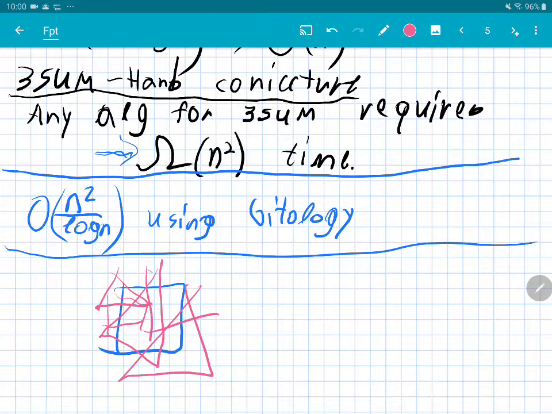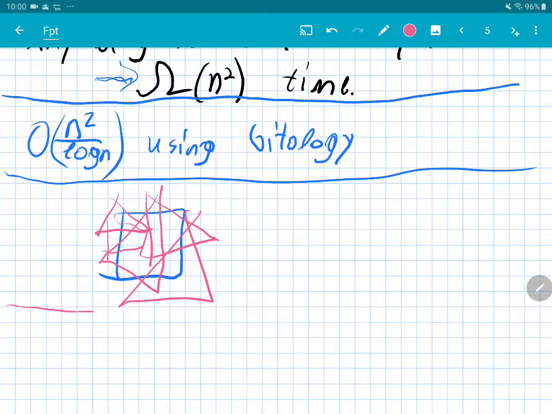Are they covering the square? So this is a natural question, and this problem is 3SUM-hard. It cannot be solved better than quadratic time, and so on and so forth. There's a big collection of such problems nowadays.